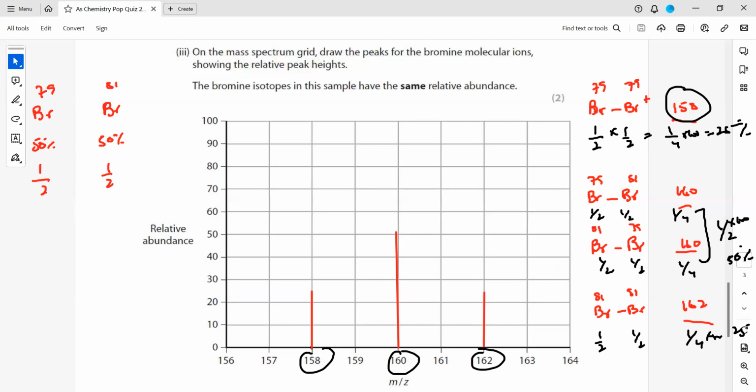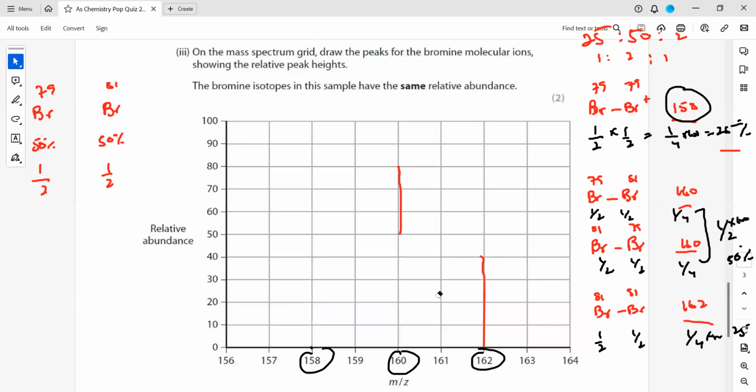Any ratio is acceptable, but as you can see here, the ratio of the percentages for 158, 160, and 162 is 25, 50, and 25, so the ratio is 1 to 2 to 1. You can draw any relative height, but the ratio should not change. If I make this 40, then this should be twice, 80, and this will be 40 as well.